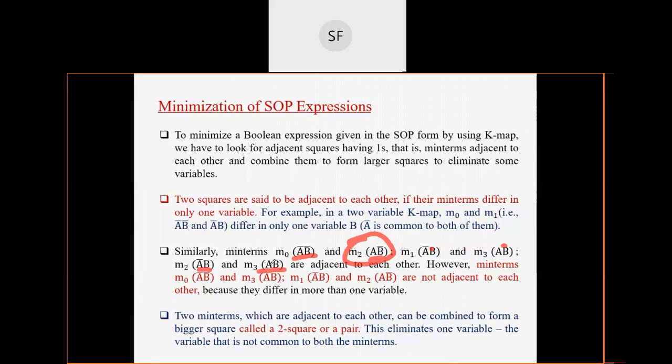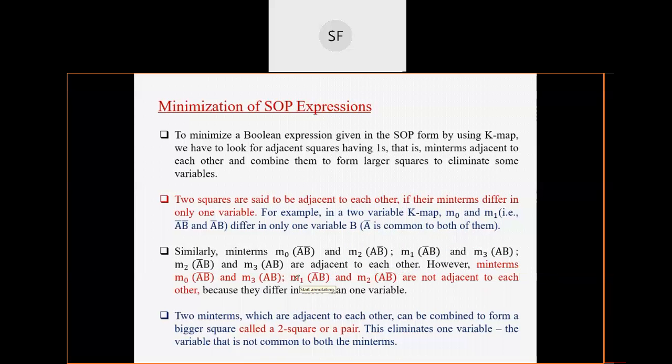In M2 and M3 also, A is fixed, A is constant, whereas B is varying. Here it is B and here it is B bar. So these are adjacent pairs of cells. So in total we have seen four pairs of adjacents: M0 M1, then M0 M2, M1 M3 and M2 M3.